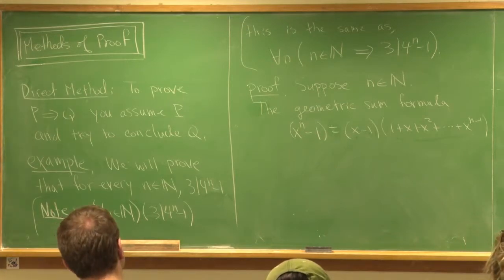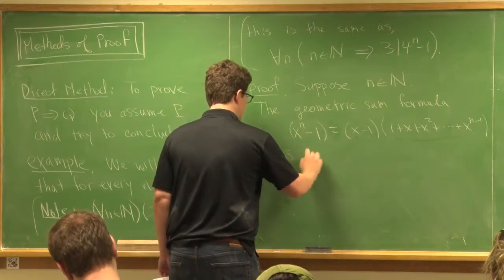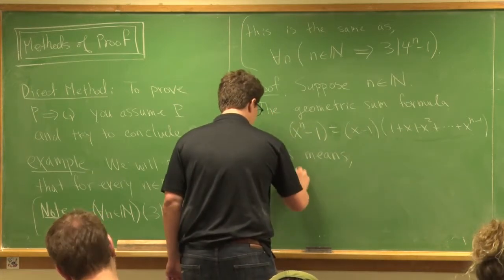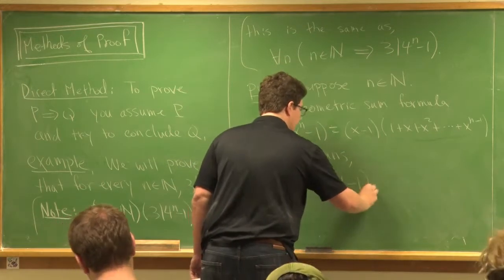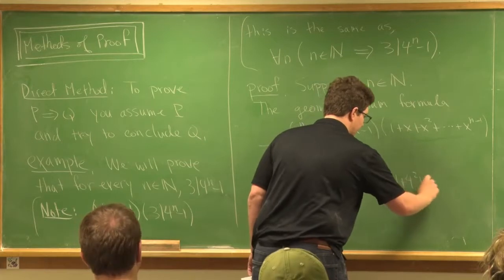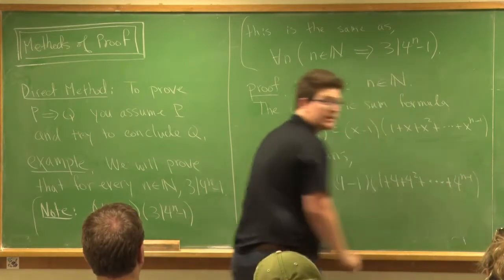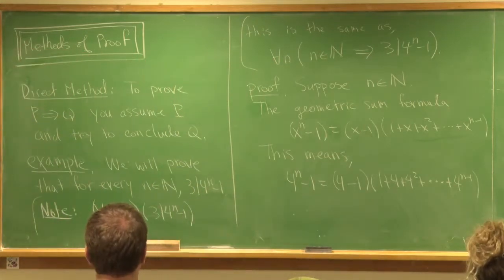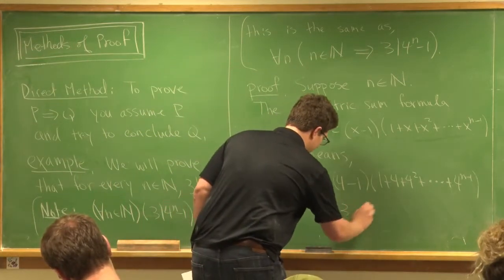So this implies, this means that 4 to the n minus 1 is 4 minus 1 times 1 plus 4 plus 4 squared plus dot dot dot plus 4 to the n minus 1. Did someone have a question? No? Okay. And this thing here is just 3 times some stuff.